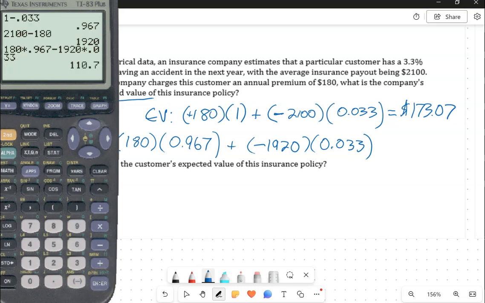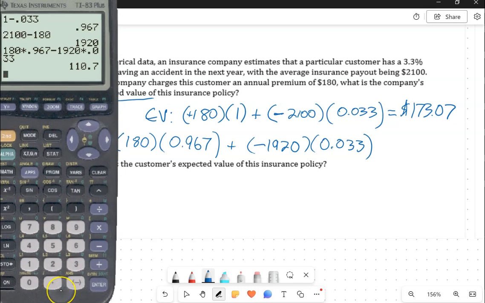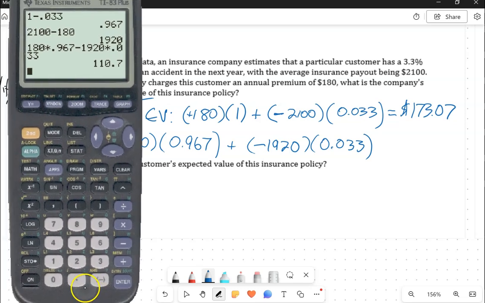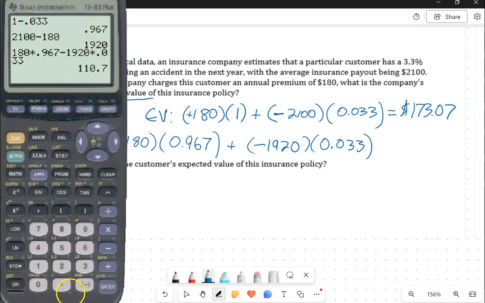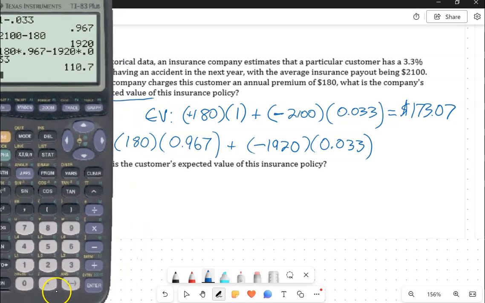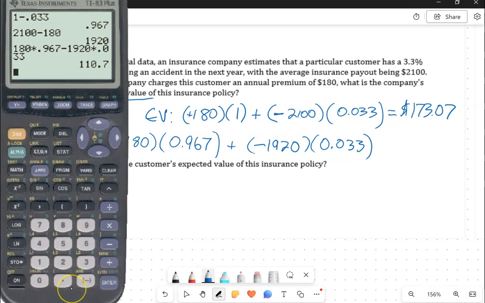What did I do wrong? It better be the same result. That looks right. Let me redo the first one.